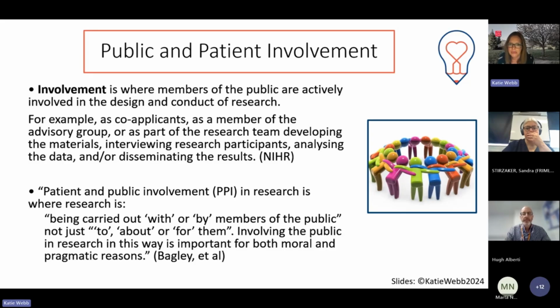So the involvement then is where members of the public are actively involved in the design and conduct of research. For example, as co-applicants, as a member of the advisory group, as part of the research team, in developing materials, interviewing research participants in some cases, really part of the team, analysing the data and or disseminating results.